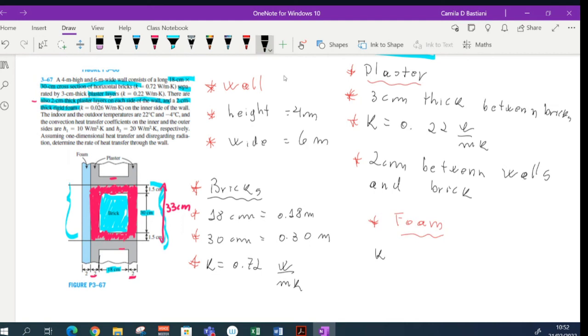With a K of 0.026 watts per meter Kelvin, so a good insulator, on the inner side of the wall. So in here, I have a foam. And this foam is 2 centimeters thick.